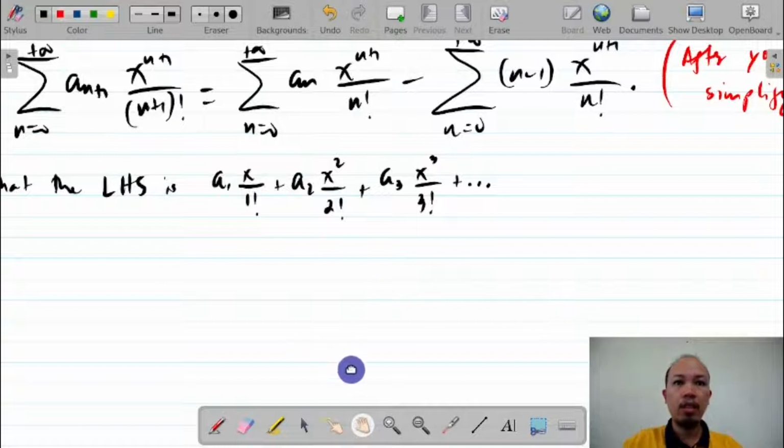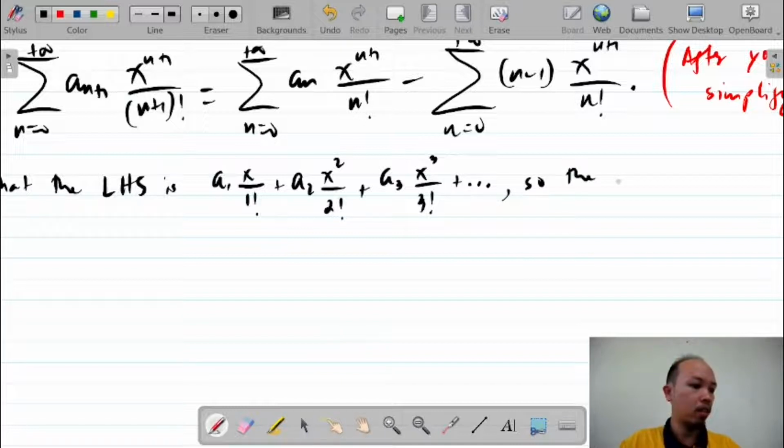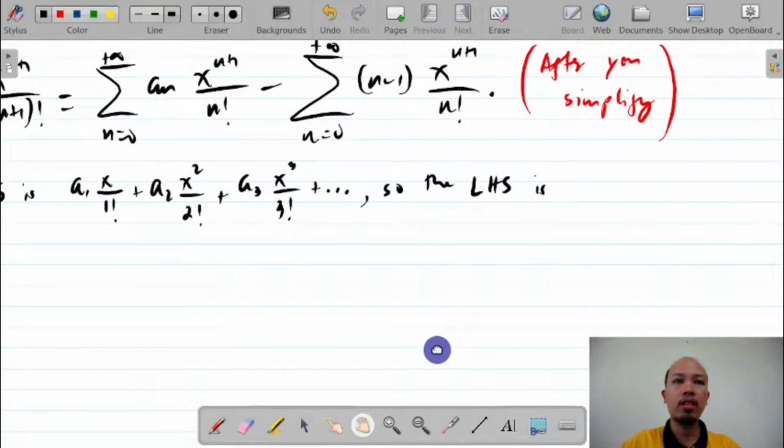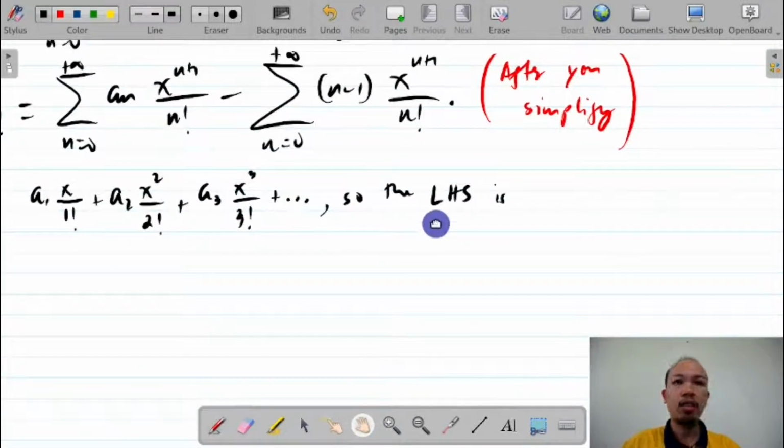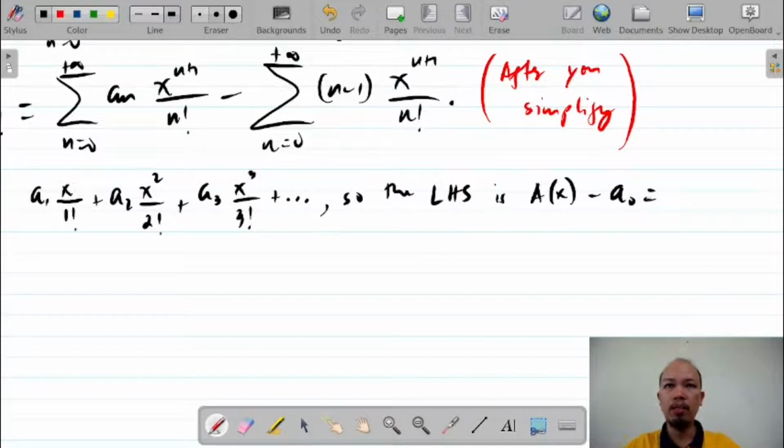So meaning to say, the left hand side is, I don't know if you notice, a of x minus a sub 0.